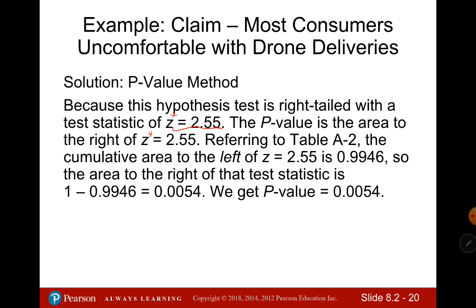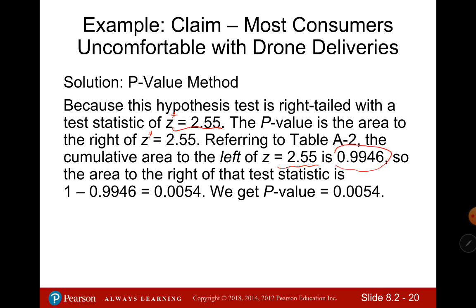Okay, so this time we check the Z table to find the value 2.55. We check the left column for the first two digits 2.5, then check the top row for the last digit 0.05. Then we can locate the body of our table for the area, right?